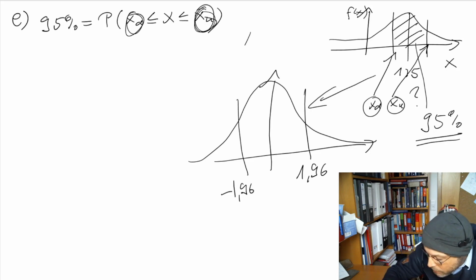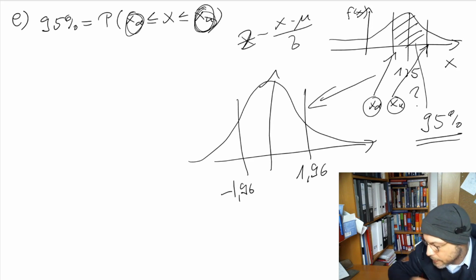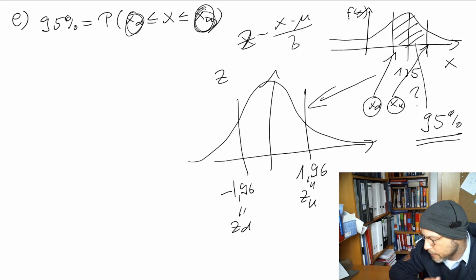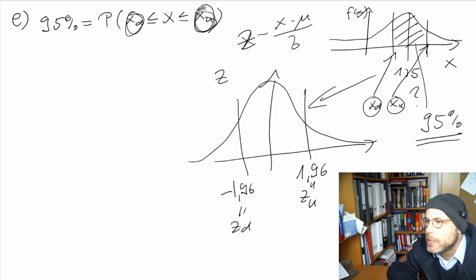And again we use z equals x minus mu over sigma, and z down is equal to minus 1.96 and z up equals 1.96.